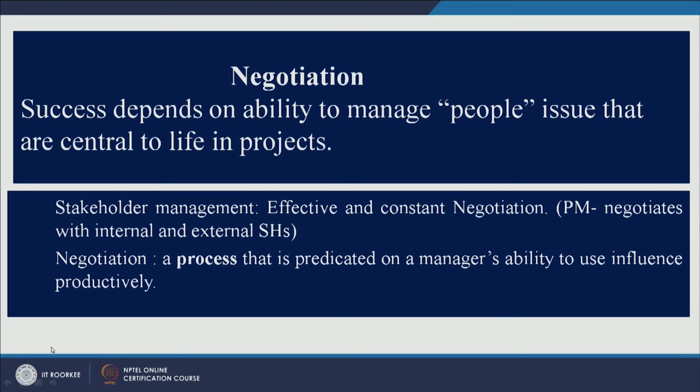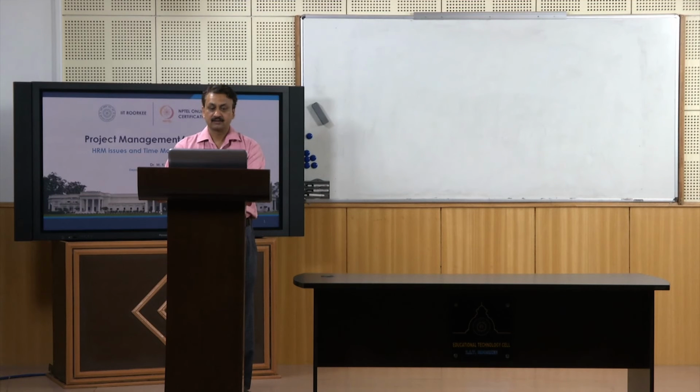So what is negotiation? Negotiation is a process that is predicated on the manager's ability to use influence productively. Now whenever there is a conflict between two members and you are going to negotiate, then you should be very careful about these 3 questions.